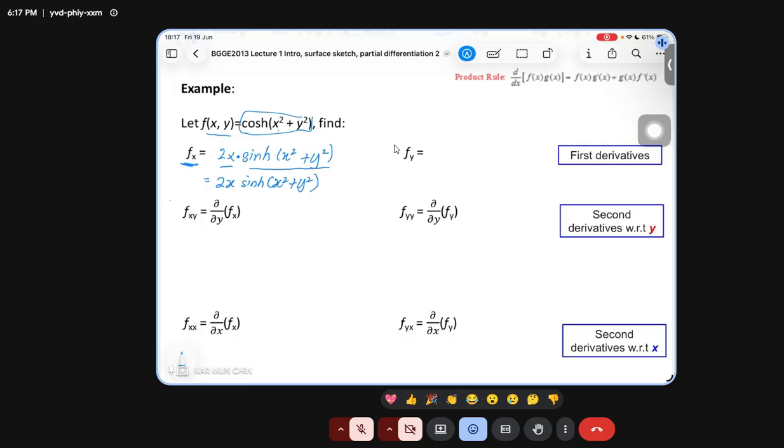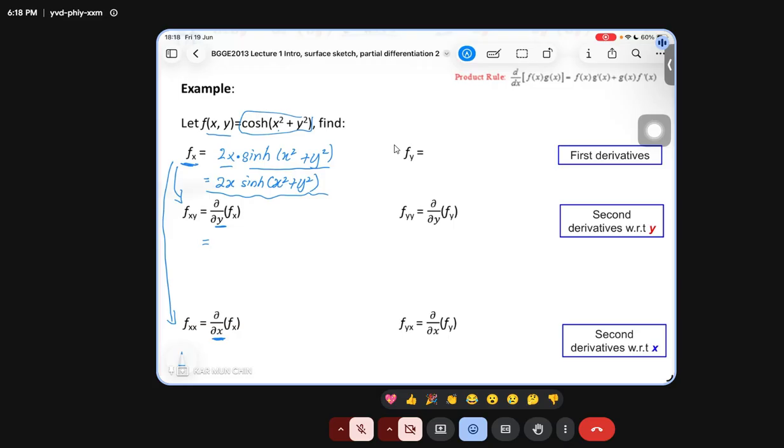Then from here, for the second derivative, there are two. The first one, they derive with respect to y. The second one, they derive with respect to x. For the first one, we just continue from here.